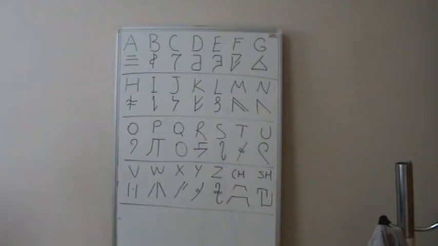The Latin alphabet has 26 letters, 21 consonants and 5 vowels, but the Kun alphabet has the same 26 letters as the Latin alphabet, and it has 2 more letters. Actually, they are digraphs, as you can see here.